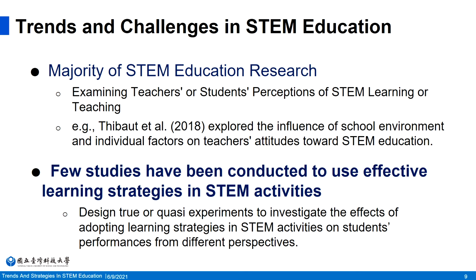On the other hand, only few studies have been conducted to use effective learning strategy in STEM activity. This implies that the design of true experiment to investigate the effect of adopting learning strategy in STEM activity on students' performance from different perspectives is necessary.